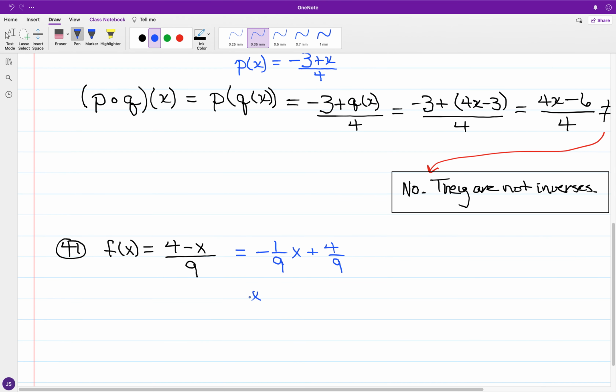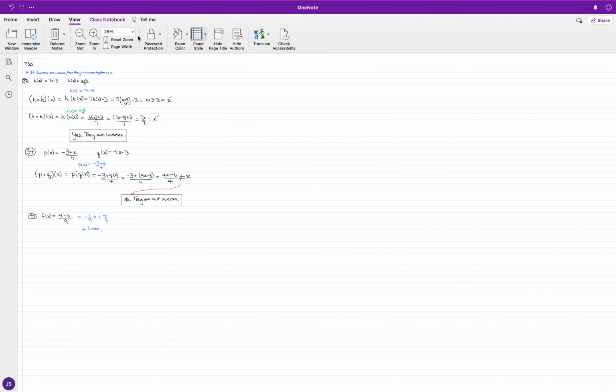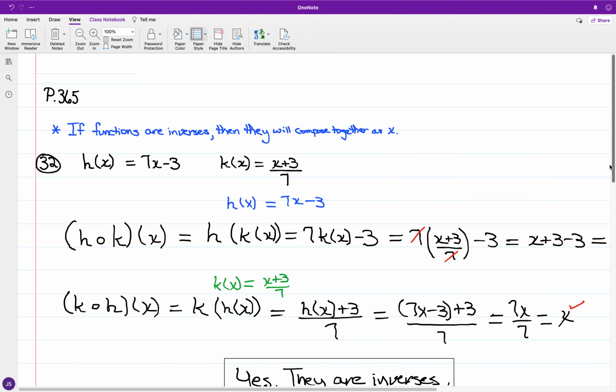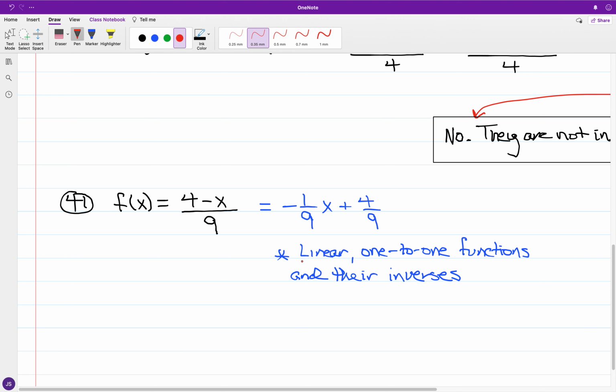So you have linear one-to-one functions and their inverses, and I will place emphasis upon the linear.